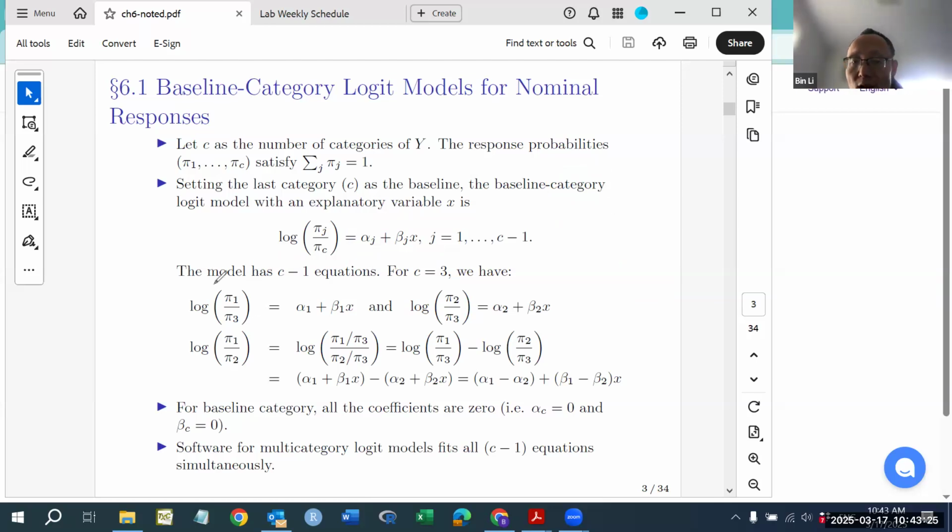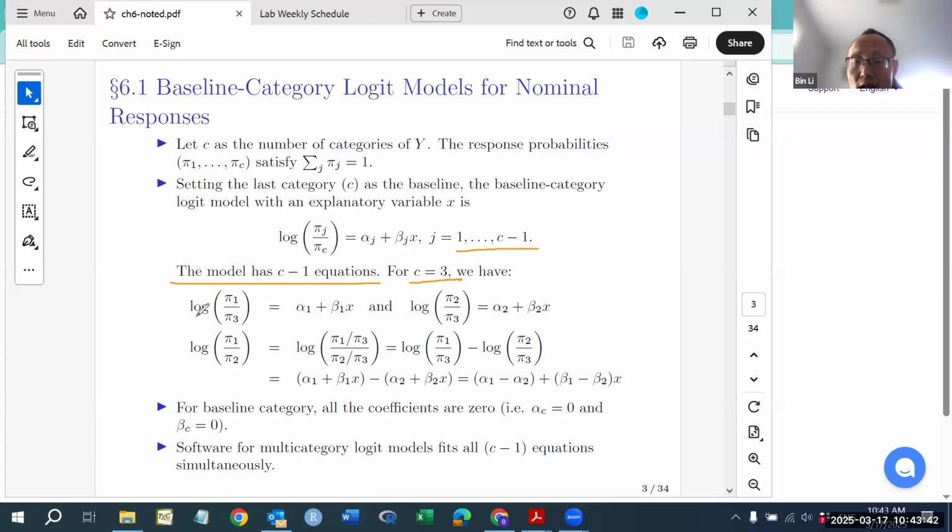So the model has how many equations? We will just have C minus 1 equations. If we have 3 categories, then we will have 2 equations.